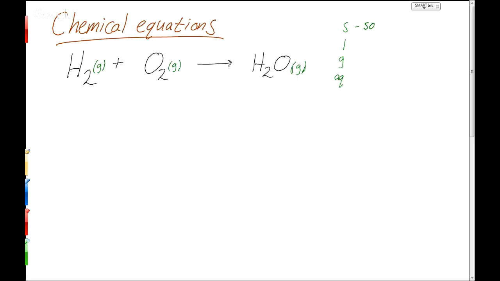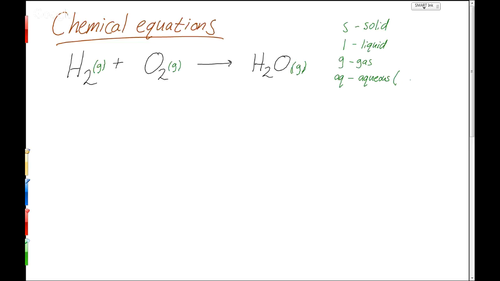S is for solid, L is for liquid, G is for gas, and AQ, which is the weird one, it's not really a state, means aqueous, which is a solution in water.